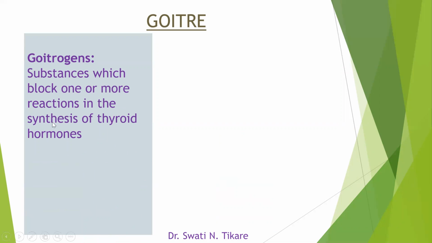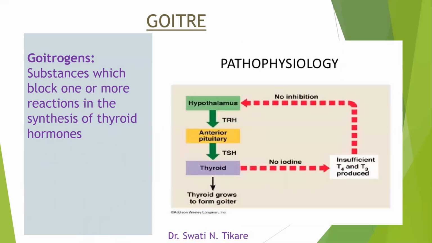Goitrogens are substances which block one or more reactions in the synthesis of thyroid hormones. So they create certain blocks in the synthesis, and hence there is decreased thyroid hormone secretion. Any substance which blocks the synthesis of thyroid hormone is called a goitrogen.